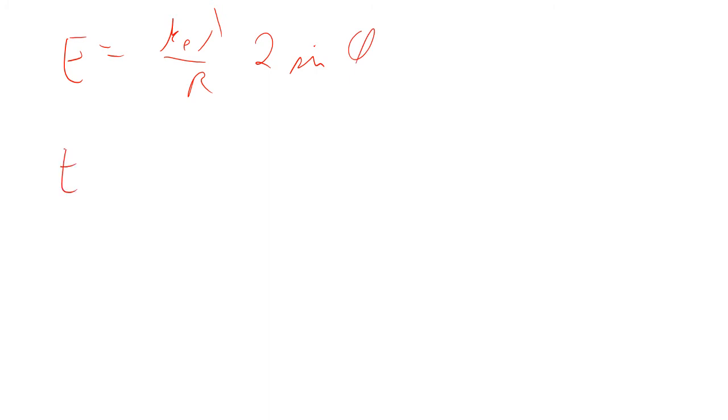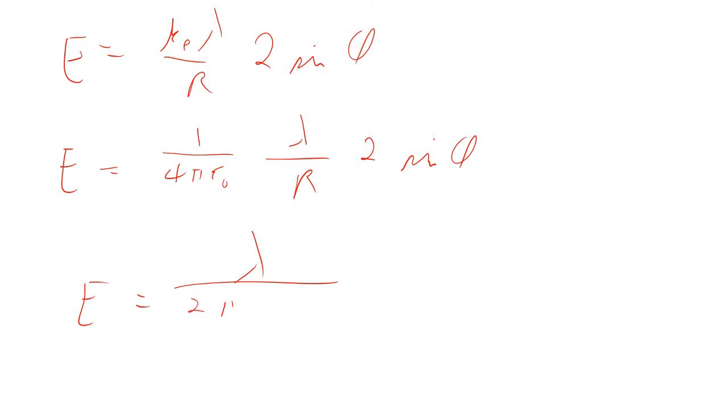Okay. Well, k sub B is 1 over 4 pi epsilon naught. So the 2 can divide in there, so we end up with lambda over 2 pi epsilon naught r sine phi.